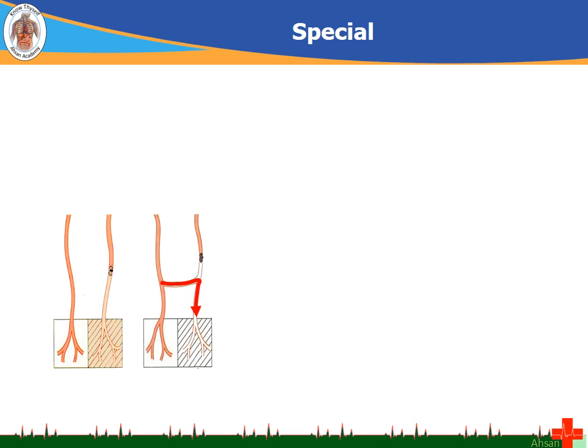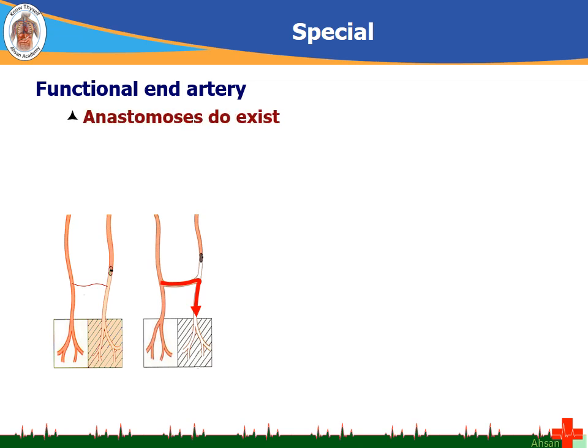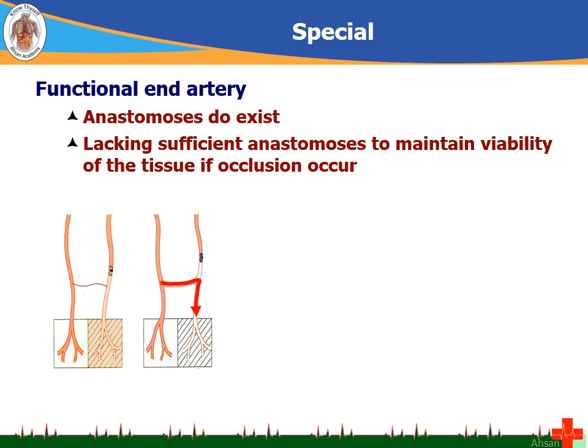This is an end artery. Now this may be having anastomosis, but this anastomosis is not sufficient to meet the demand of that area. This is known as functional end artery. In coronary circulation, there is anastomosis, but it is not sufficient to maintain the viability of the tissue if one is occluded.